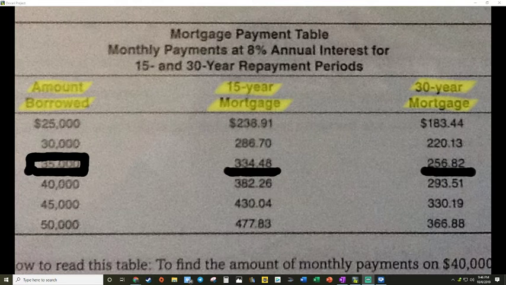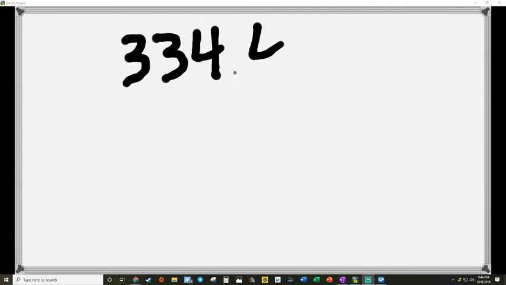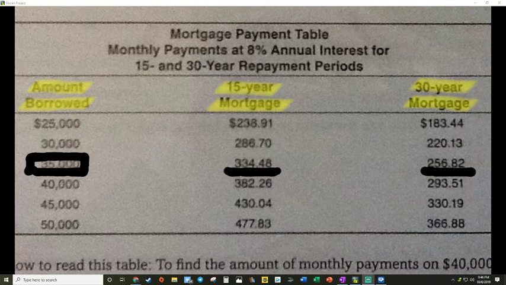All right. So the 15-year was $334.48. And then the 30-year was $256.82.